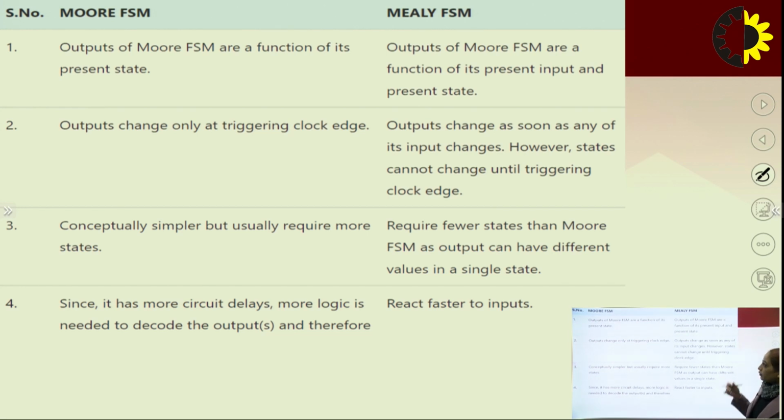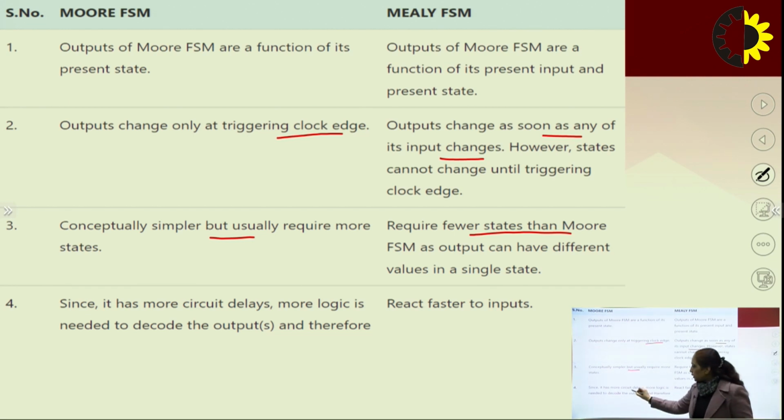Another difference: in a Moore machine, the output changes only at the triggering of the clock edge, whereas in a Mealy machine, the output changes as soon as any of the inputs changes, however the states cannot change until the triggering of the clock edge. Conceptually, Moore machines are simpler and usually require more states, whereas Mealy machines require fewer states as compared to Moore machines. In a Moore FSM, the outputs can have different values in a single state.